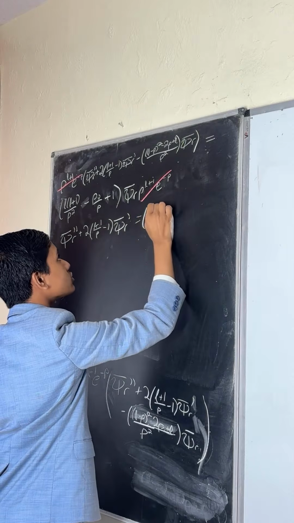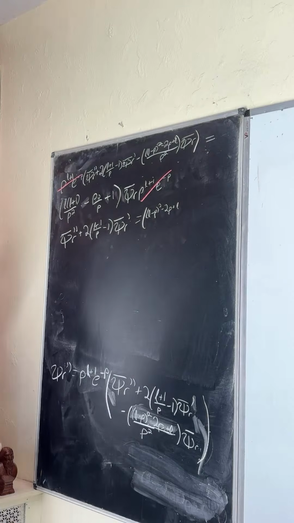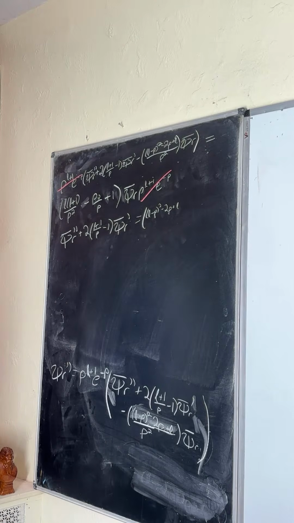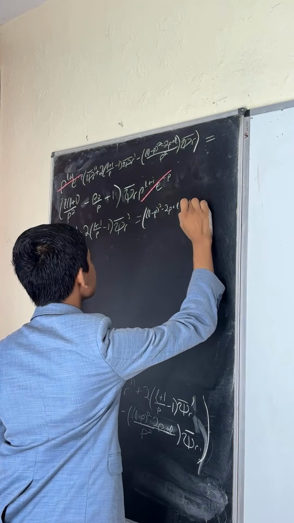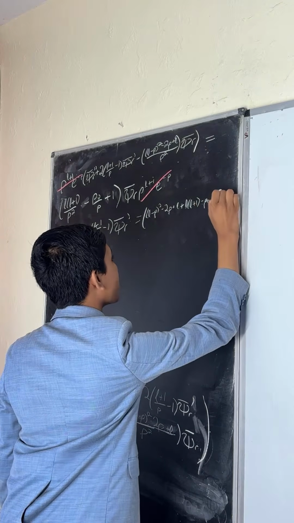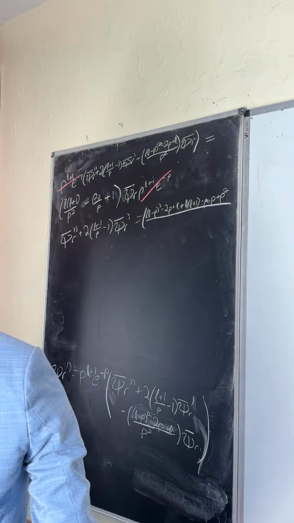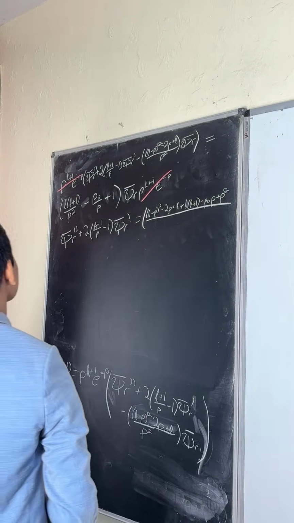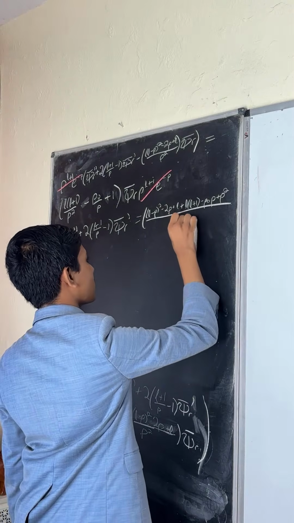L minus rho squared minus 2 rho plus L. And then plus L times L plus 1 minus rho naught rho plus rho squared divided by rho squared.